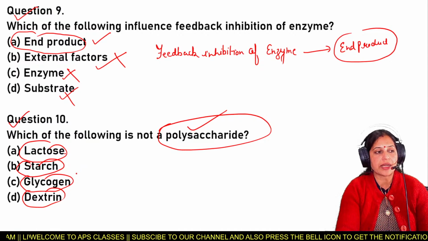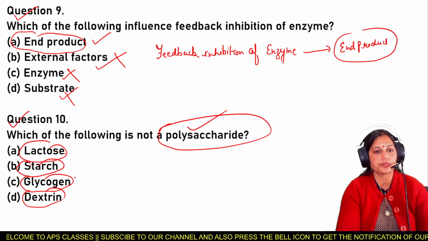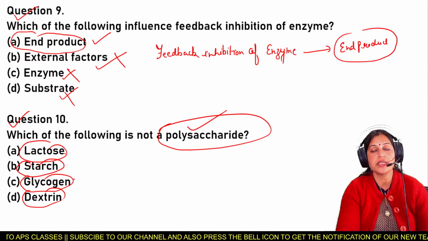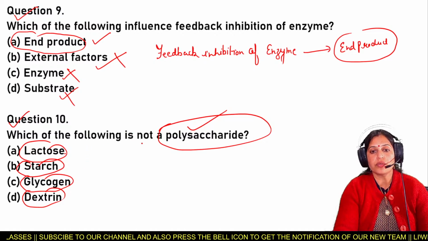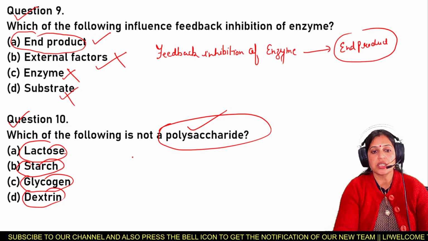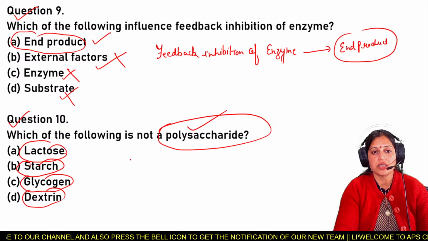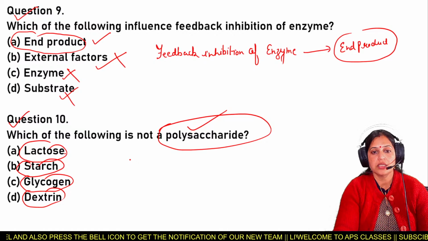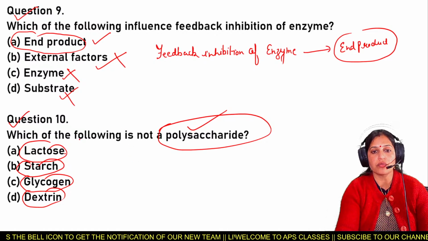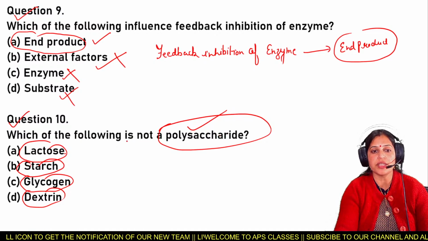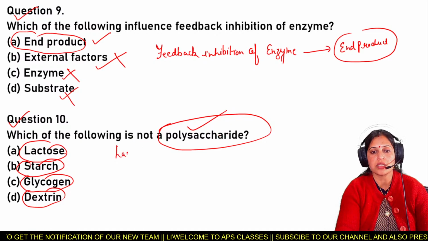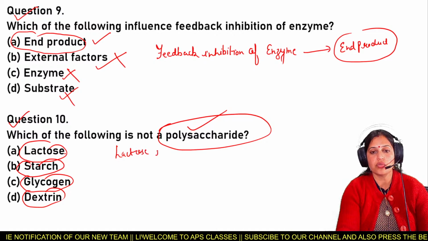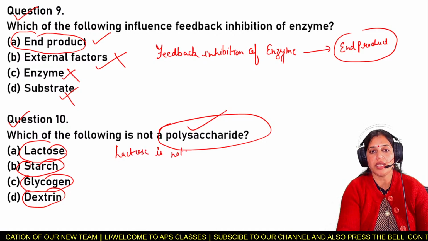Options are lactose, starch, glycogen, dextrin. So out of these, starch, glycogen and dextrin are related with the polysaccharides, but the one that is not related with the polysaccharide is lactose.